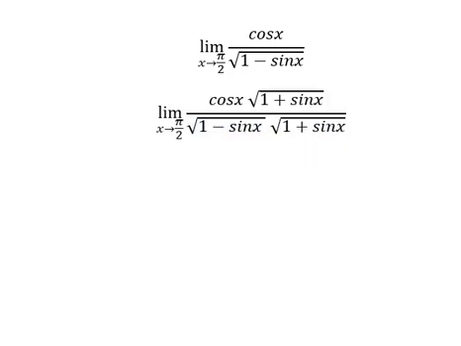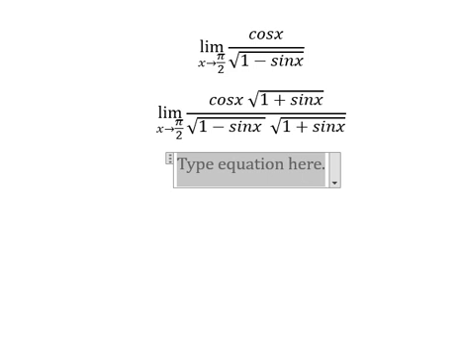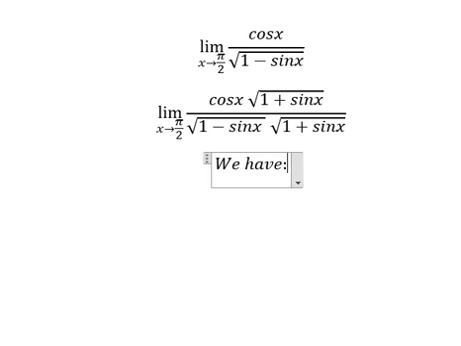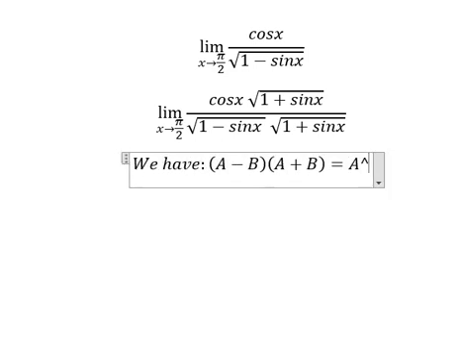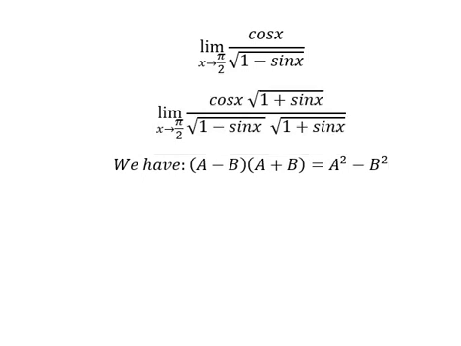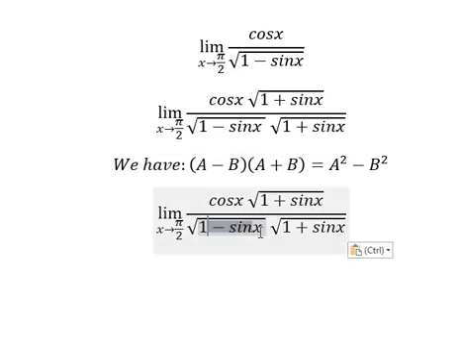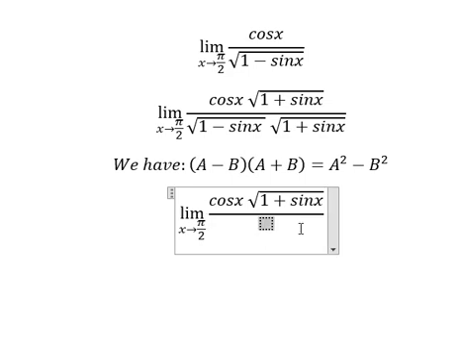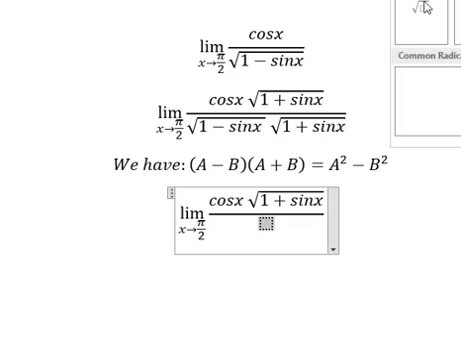So we have the formula in here. So we multiply both sides by this one and we get the square root of 1 minus sin squared x.